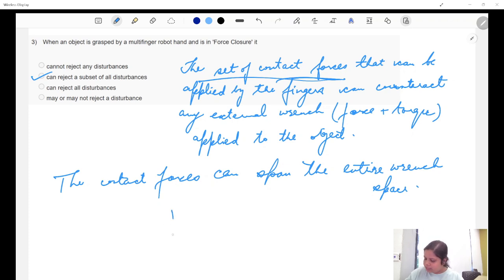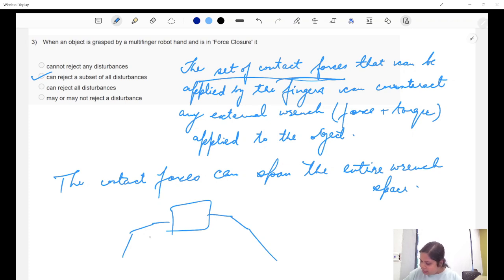So let's say if this is your object, what is the minimum number of fingers that we need to hold this object? 2, madam. Yeah. So however less is the weight of the object, you need to hold it by at least 2 fingers. It is mandatory.